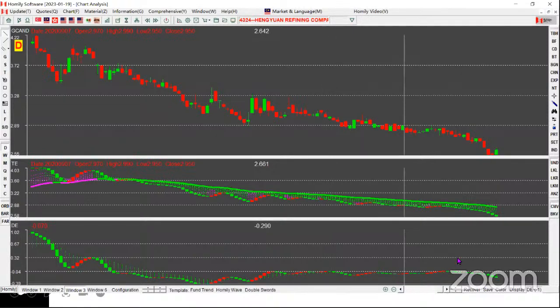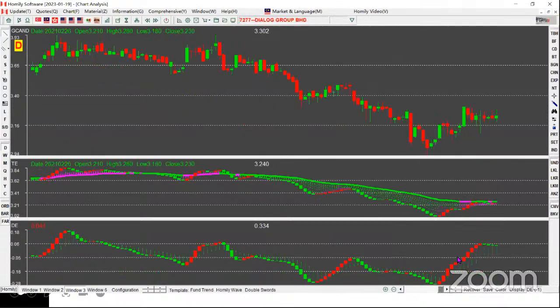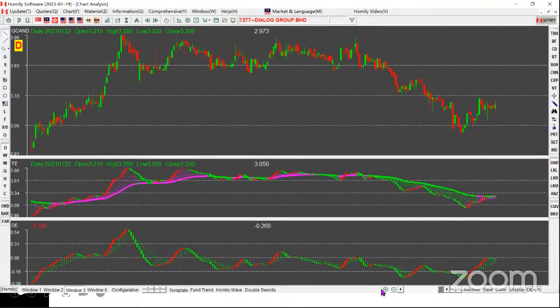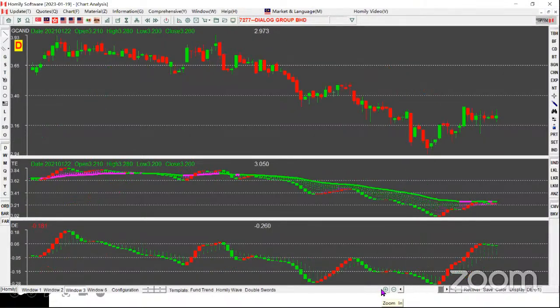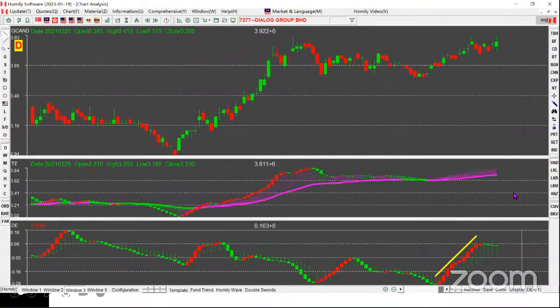Quite an interesting sign. But if you check uptrend stocks, the things will be the opposite. The Trend Expert will be faster than the Deviation Expert. You see here, this is red, green, red, but the deviation tells you red will be more sustainable.